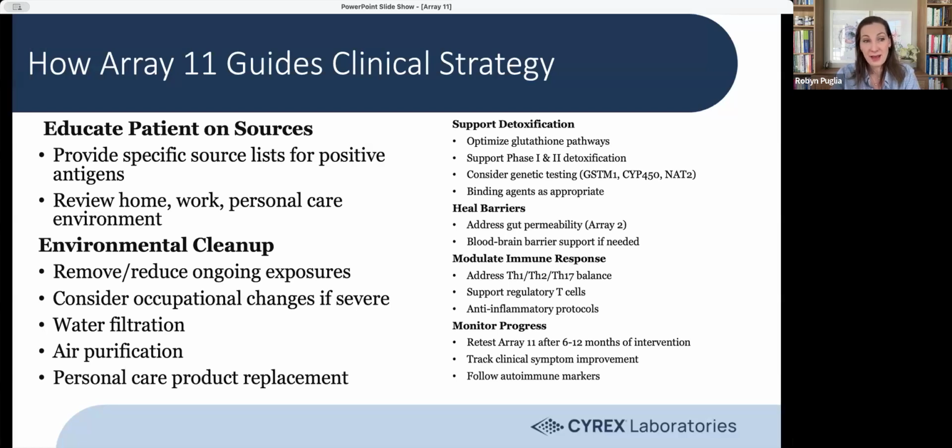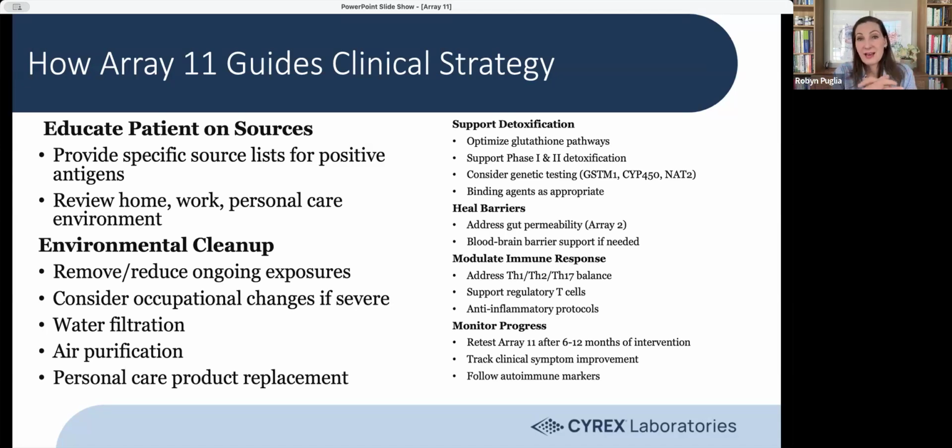And then that helps them to review their home, their work, their personal care environment, and all of those other factors, really just for what is the next step that they need to take instead of all of the chemicals that might be involved here. And of course, this allows us to support environmental cleanup to reduce not just current exposures, but also to be aware of future exposures as well.